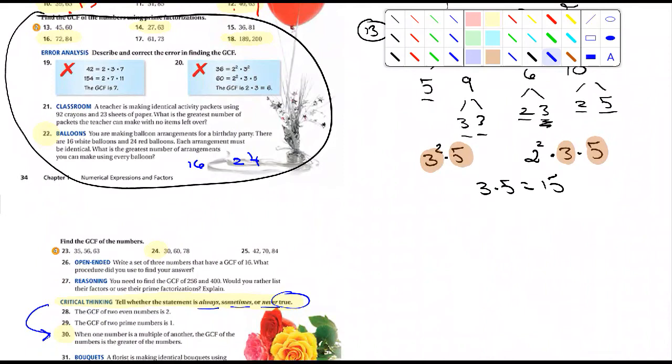All right, so back to what I want you guys to do is, let's see here, 14 I said, 16, 18, 22, 24, 30.